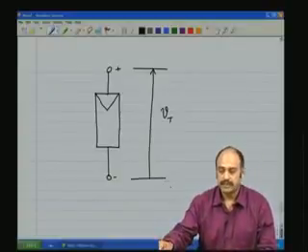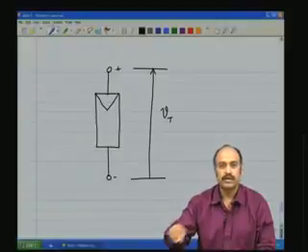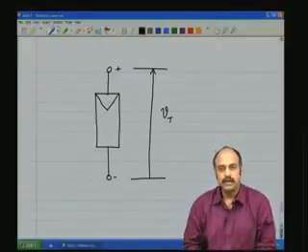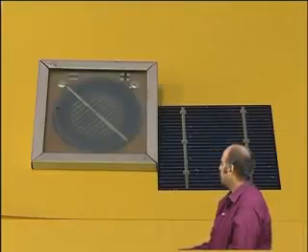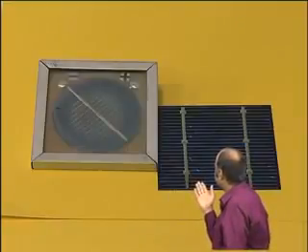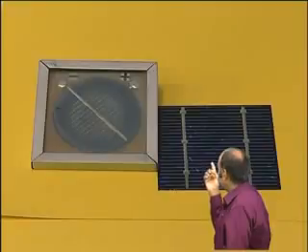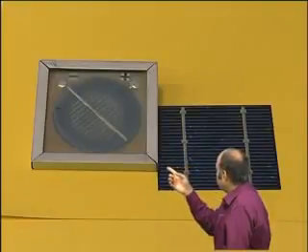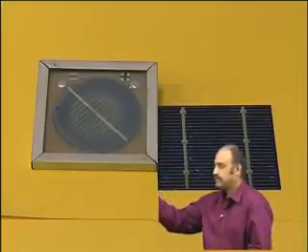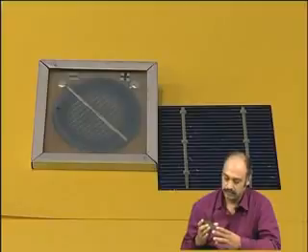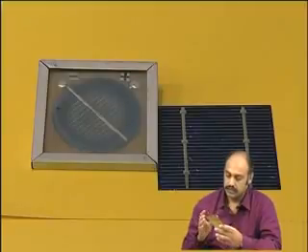Now we will see how a real world photovoltaic cell looks. Typically a photovoltaic cell looks something like this. This is one such photovoltaic cell, which is a polycrystalline cell. The one alongside is a monocrystalline cell. Let us have a closer look. You see, this is actually a p-n junction.